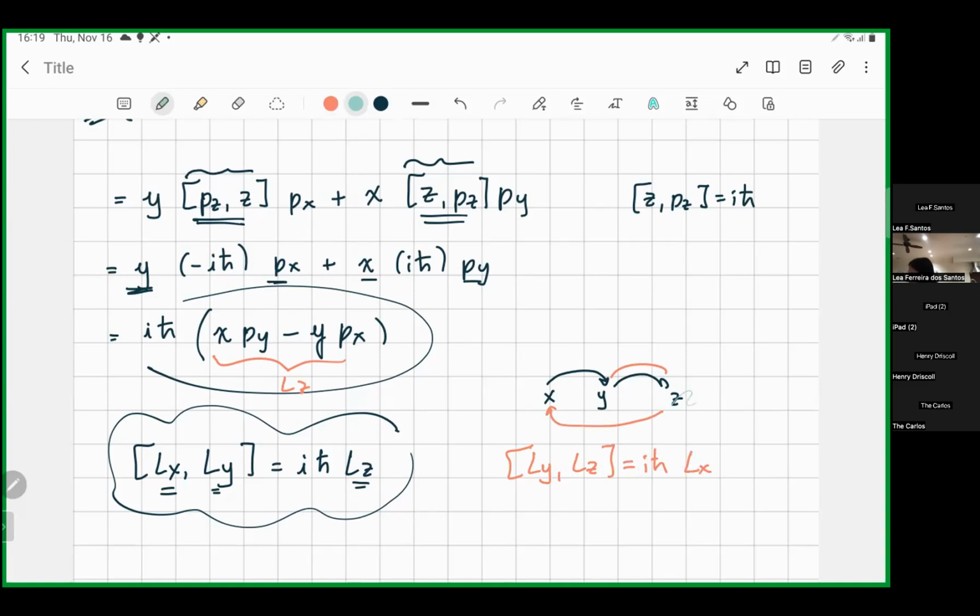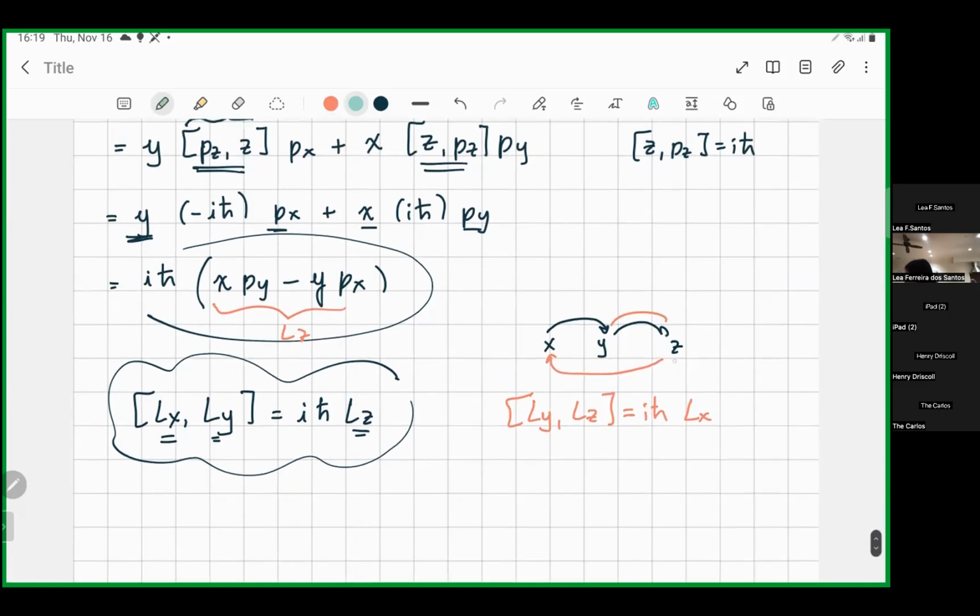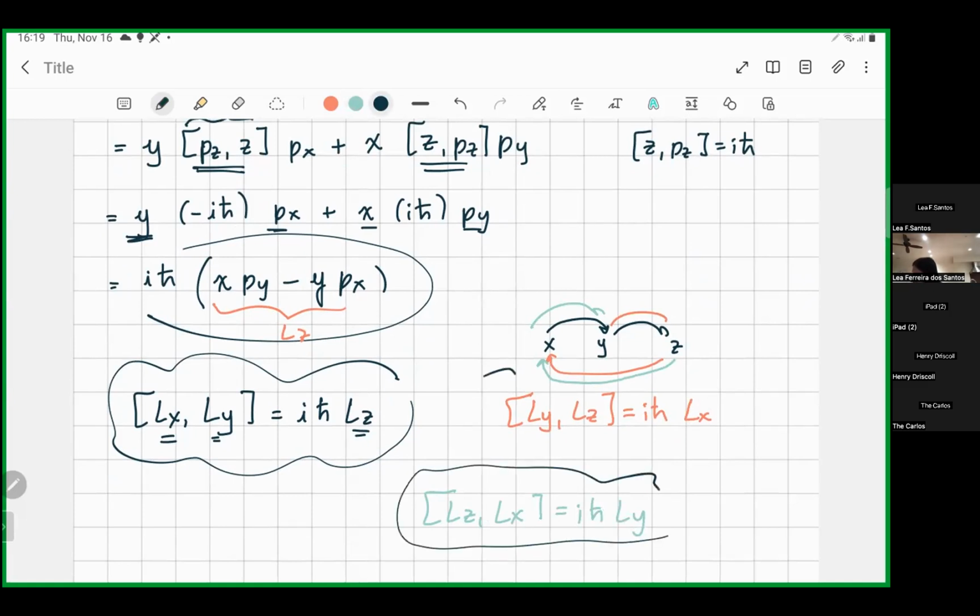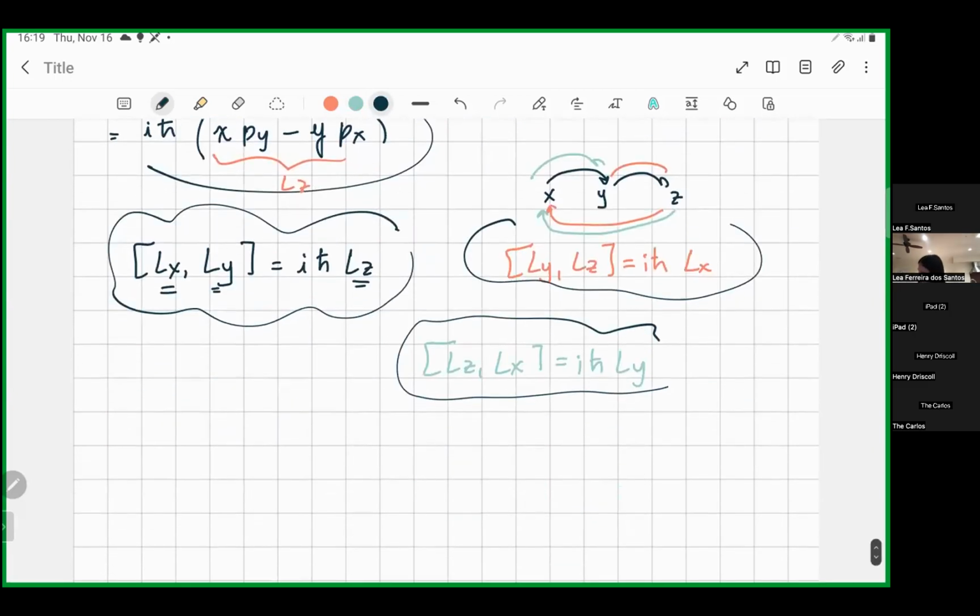If I now do the commutator from Lz to Lx, I get iħ Ly. So if you follow this cyclically, you're going to get all three commutators. You can double check that. If you invert any of them, for example, if I ask what is the commutator between Lx and Lz, we just have to put a minus sign here.